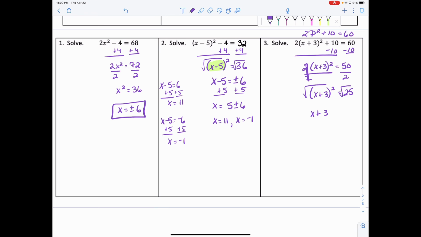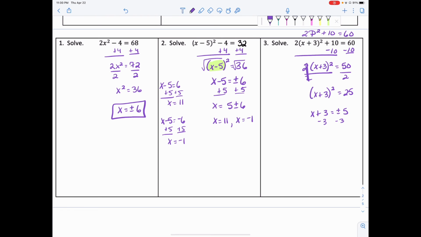Remember, the square and the square root, inverse operations, undo each other. So for some people, it's easier to think about what that value could be. Right? So x plus 3, the stuff on the inside of the parentheses, we squared it, we got 25. That stuff could be 5 or it could be negative 5. So we could write x plus 3 equals plus or minus 5.